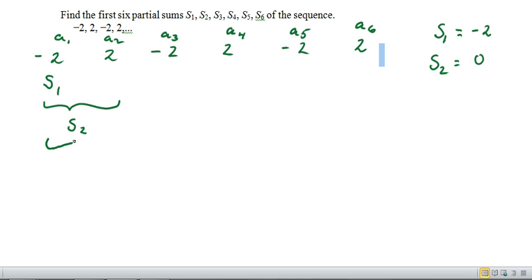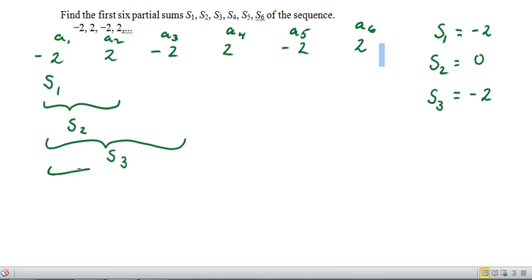Or s sub 3 is s sub 2 plus a sub 3, or the sum of the first 3 terms of the sequence. So since our sum for the first 2 was 0, 0 plus -2, s sub 3 is going to be -2 again.